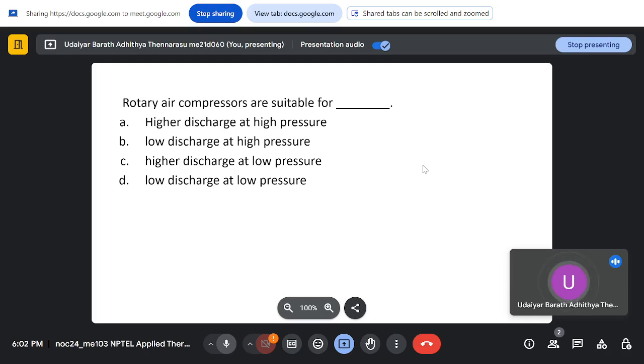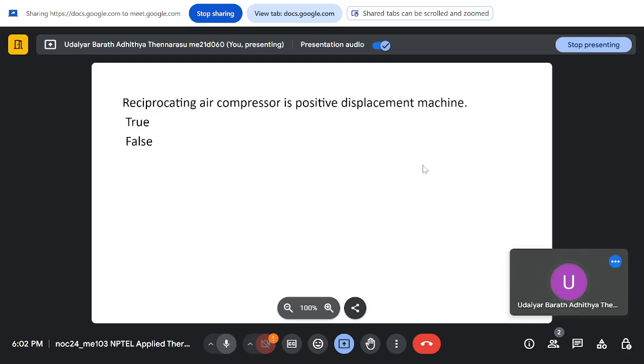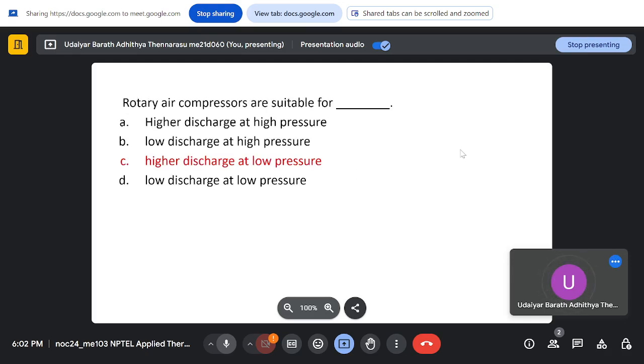So with that, reciprocating is used for higher pressure ratios, and the rotary compressor is used for higher discharge at low pressures. Suppose you have to put up an air conditioner in a mall or an airport, for example.